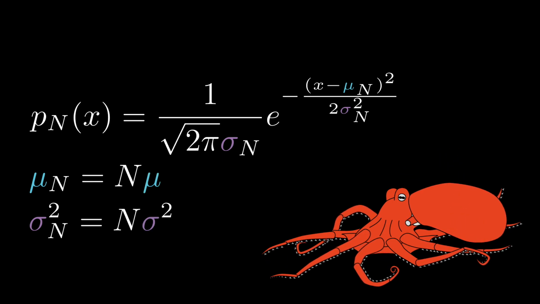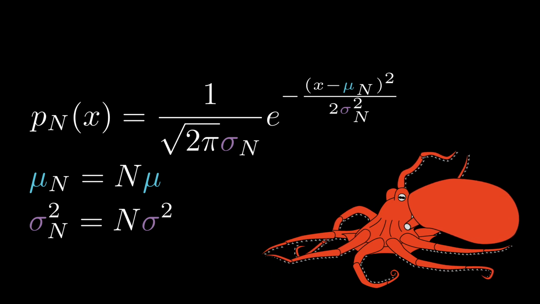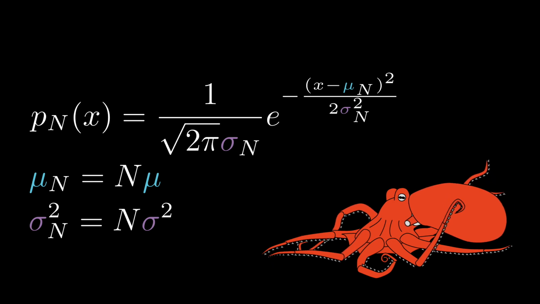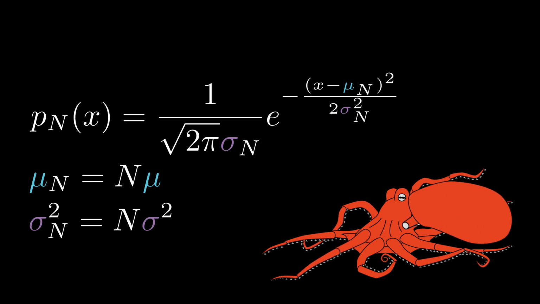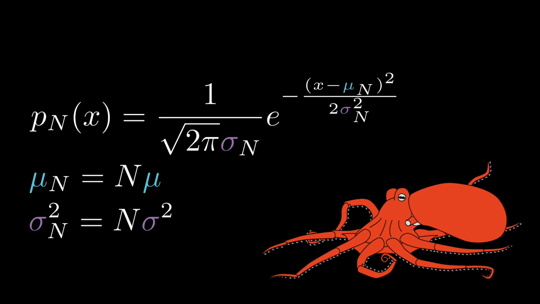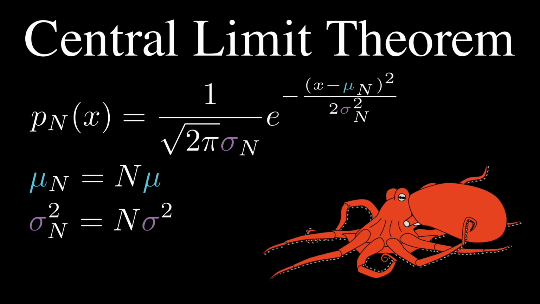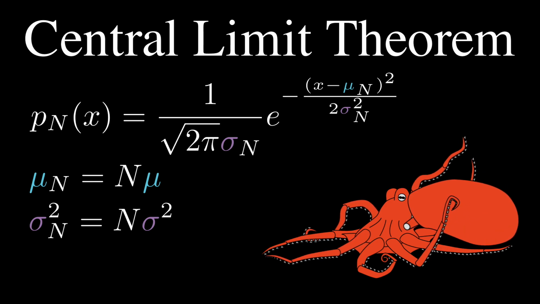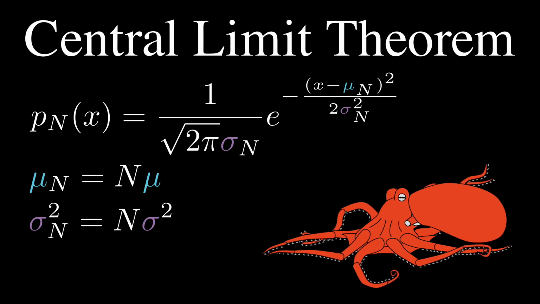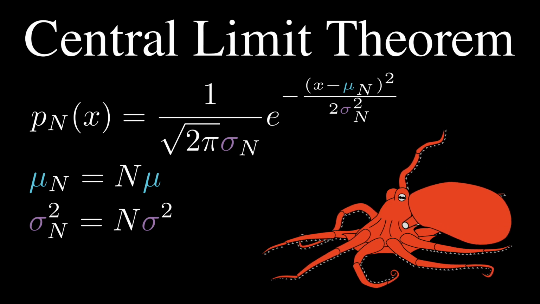We can therefore approximate the sum of n random variables as a Gaussian distribution with mu equals n times the mean and sigma squared equals n times the variance. What I just described is the central limit theorem as you would see it in a class on probability and statistics. And we can now finally use the central limit theorem to answer the original question.